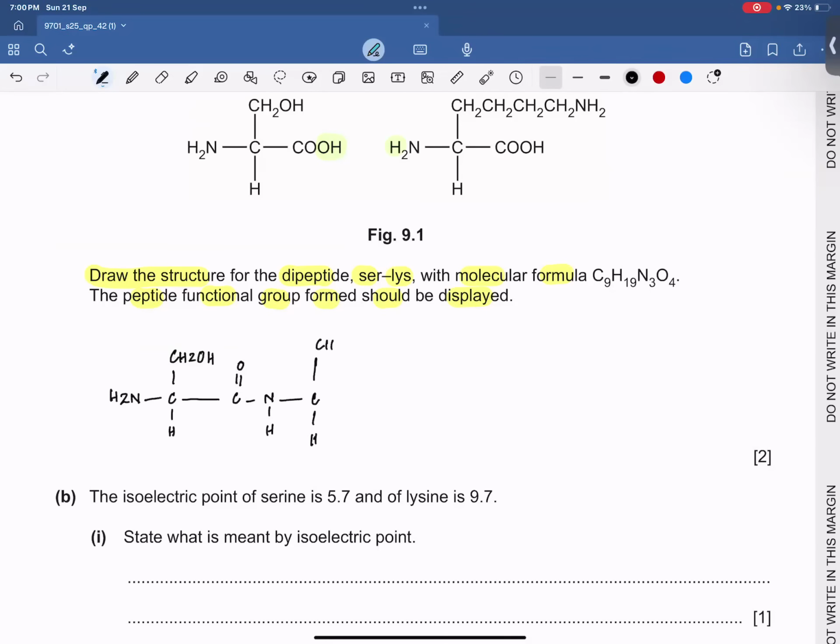Now this carbon has the side chain, CH2 three times, 4, and NH2, and this is COOH. So that's the easiest way of writing the structure. Okay, most easiest way.